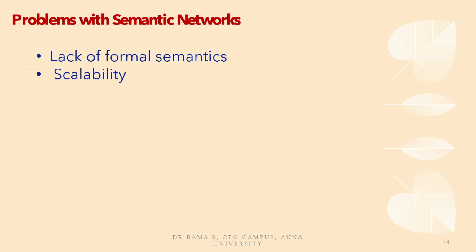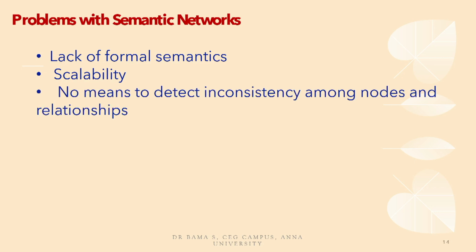Scalability: what will happen if the number of sentences is more, and how scalable is this network? Having a large number of statements, it would be intractable. We would not be able to visualize it, and there is no means to detect inconsistency among nodes. So, again the consistency has to be maintained. We cannot have quantifiers.